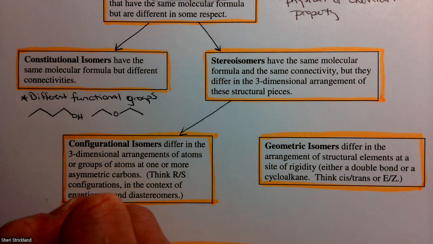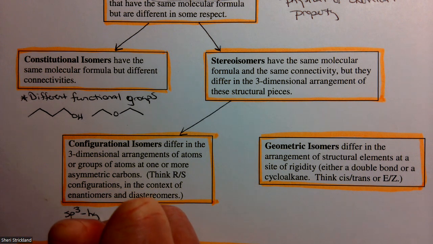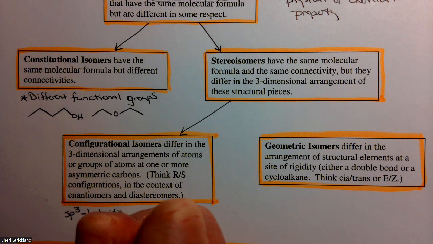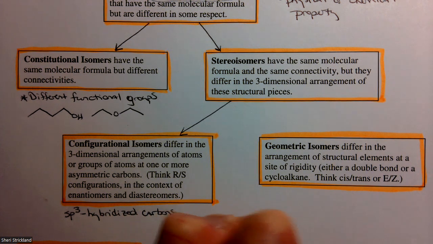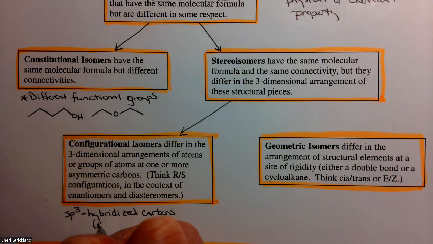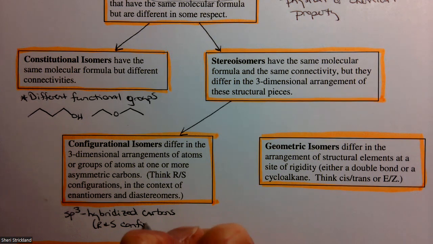So we're talking about sp3 hybridized carbons, and R and S configurations. And we talked about enantiomers and diastereomers. We talked about meso compounds. We talked about threo and erythro pairs of enantiomers.